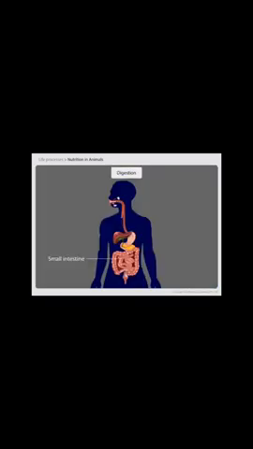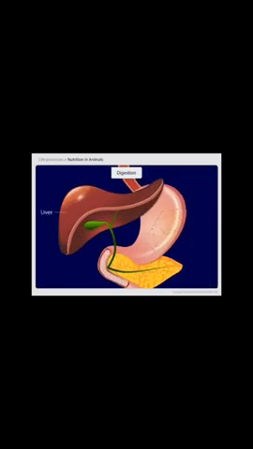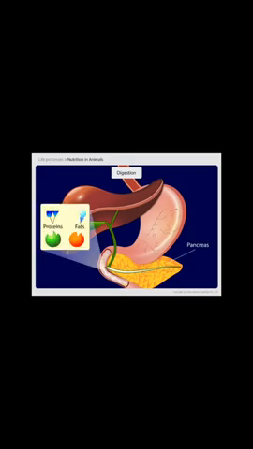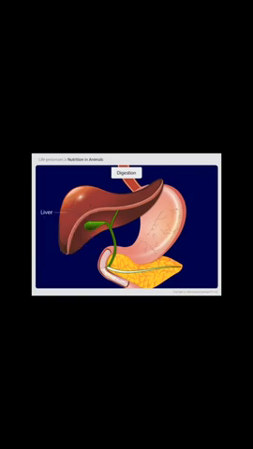The small intestine receives the secretions of 2 glands, liver and pancreas. Pancreas secretes pancreatic juice into the small intestine. Pancreatic juice contains enzymes such as trypsin and lipase. Trypsin breaks down proteins and lipase breaks down fat.